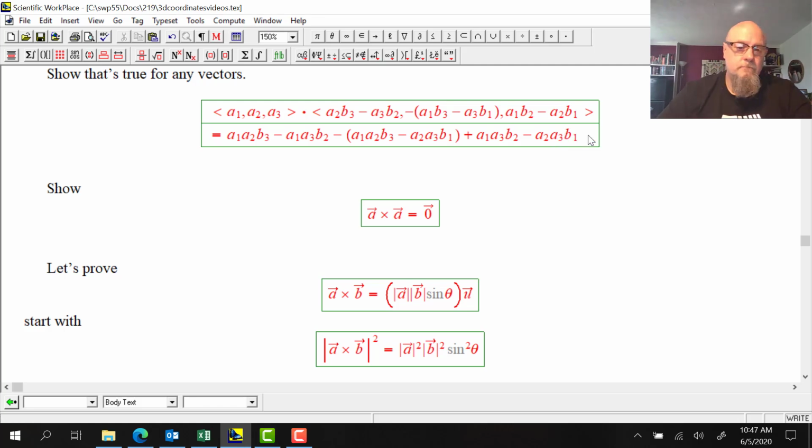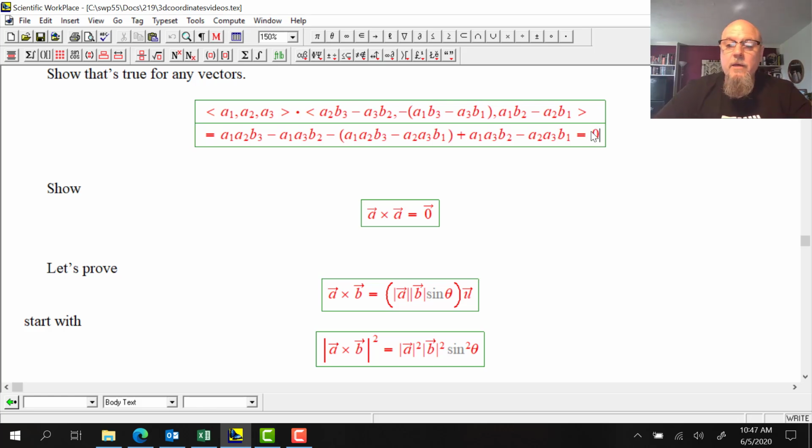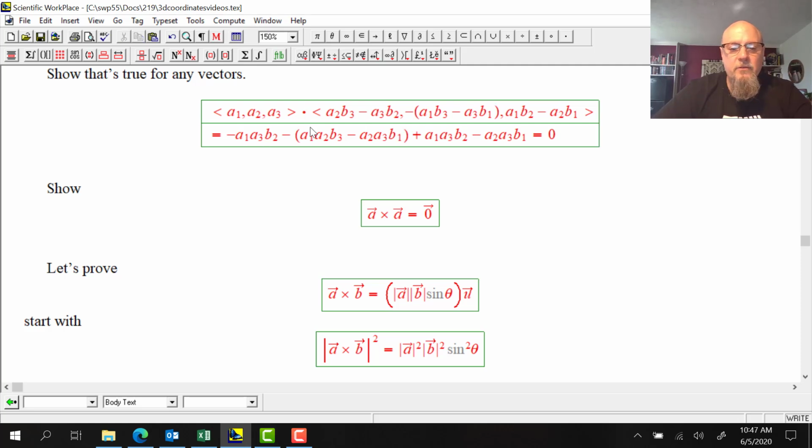And now, if this all cancels out and equals 0, which it does, then it's perpendicular. Then A cross B is perpendicular to vector A. And I'll let you, if you want, pause the video, but you can see that here's the A1, A2, B3. That's minus this, cancels out this piece. So this plus and this minus cancel out.